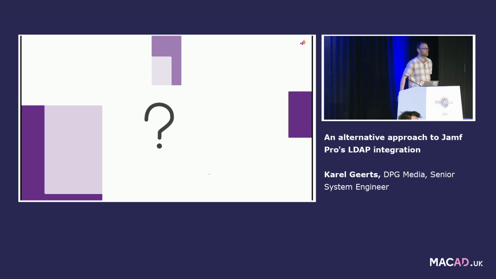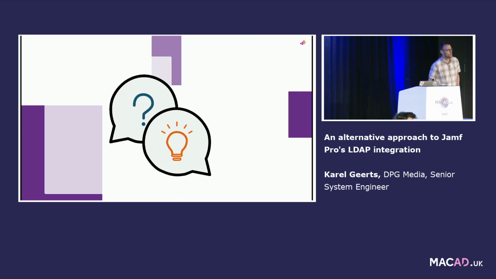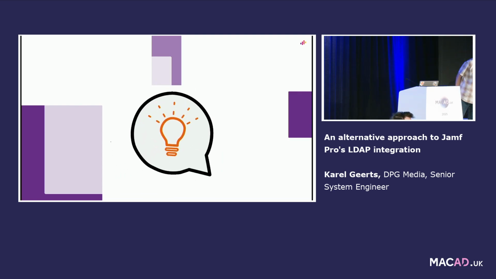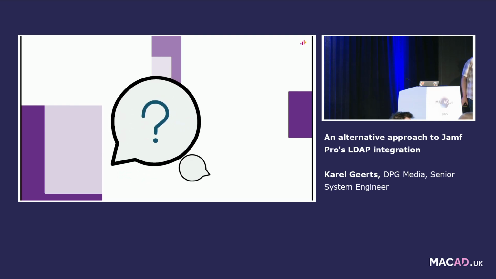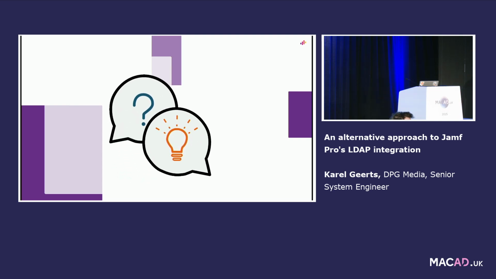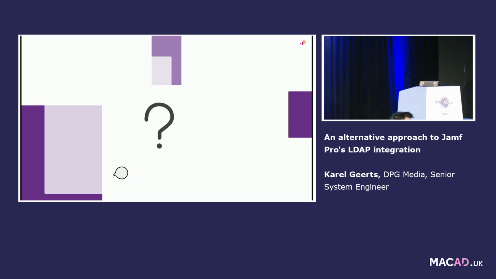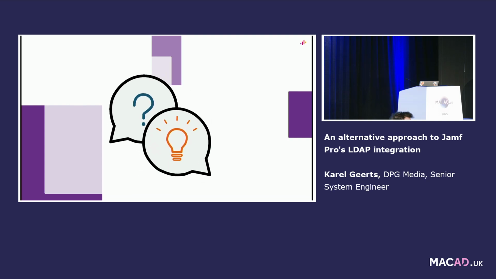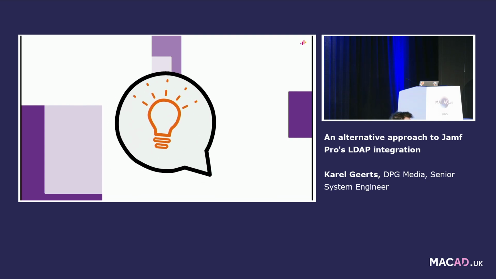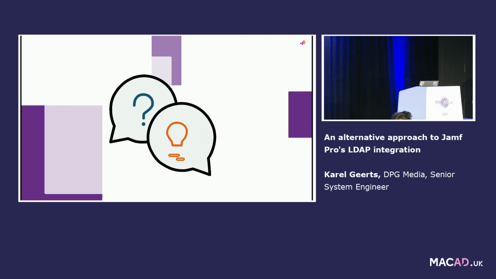Yes, at the back. You said you were exploring OIDC. I think Jamf is pushing that compliance readiness. Could you say a bit more about that? Do you see that replacing something?